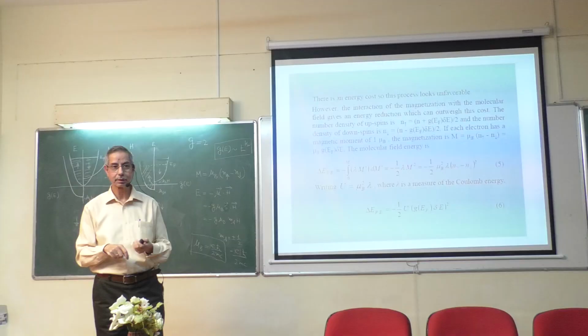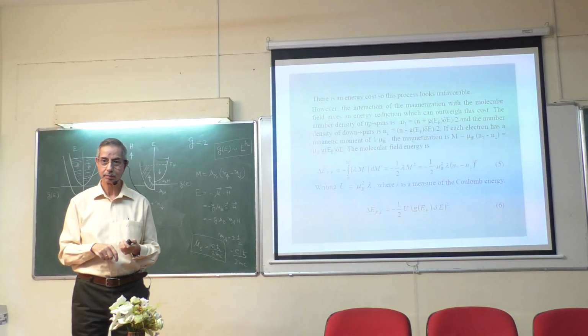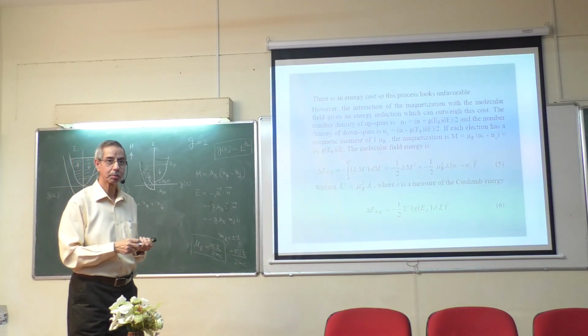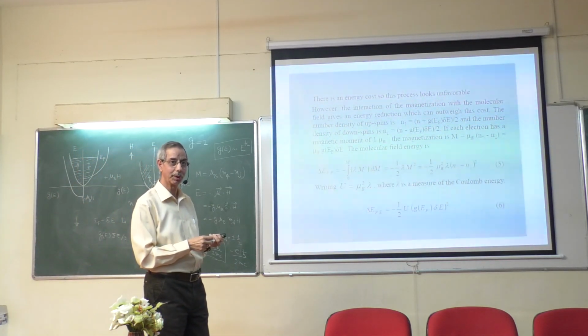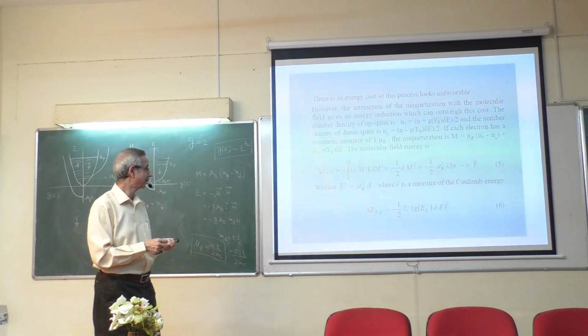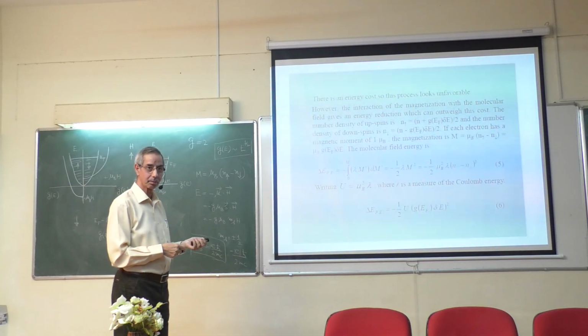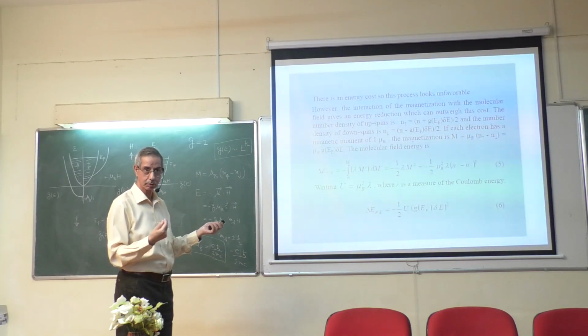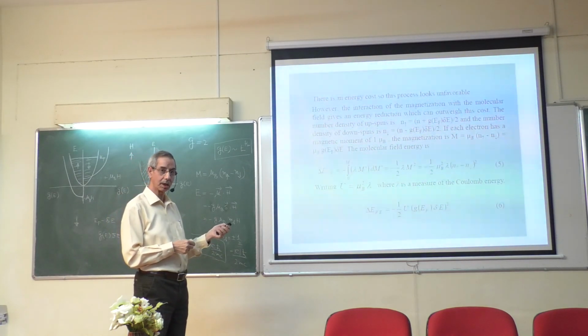So, we include the Coulomb repulsion. Some of you who are doing spin density calculations call it the Hubbard U. This is the on-site Coulomb repulsion that these electrons experience because of the charge.